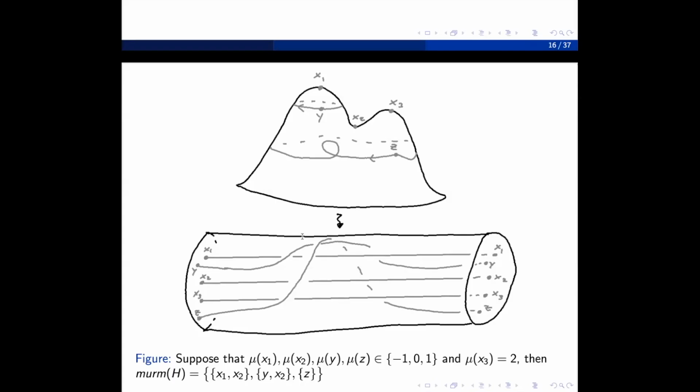Okay, so suppose that x1, x2, y and z are in the Morse range and x3 is not, right? So you have some sort of extra rotation around that maximum.